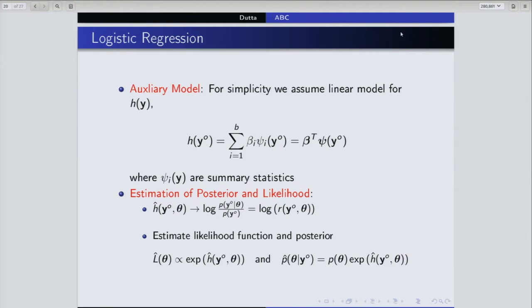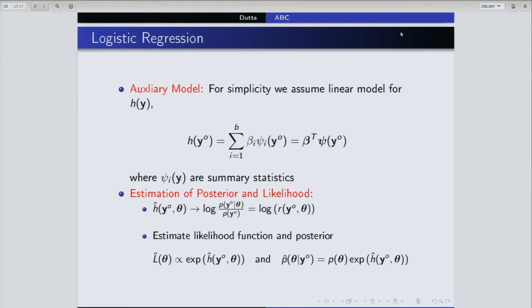But everywhere there has to be some sort of approximation. That was an unconstrained scenario where h can be any function, as in a general logistic regression scenario. But you have to restrict h to some class and then work on it. So for simplicity, we assume a linear model for h(y). These are your summary statistics, x_i, y_i, zeros, like we have seen all these different summary statistics. You take the summary statistics and assume h has a functional form like that.